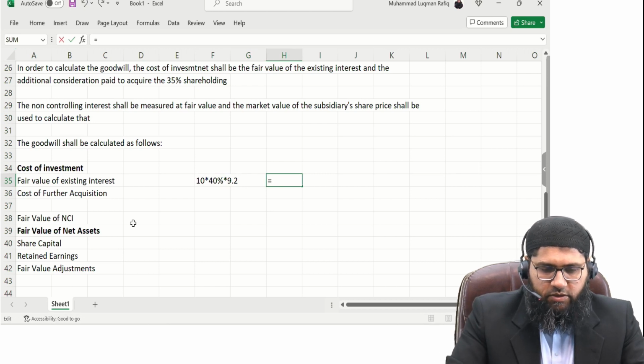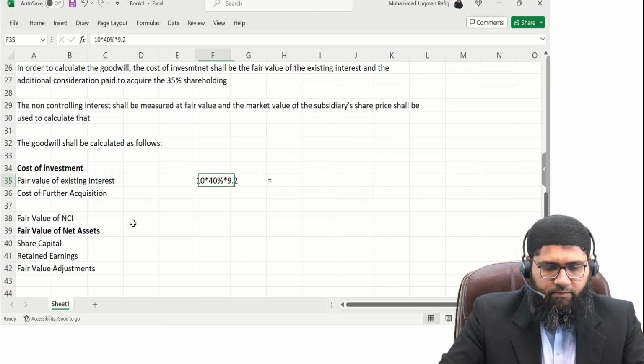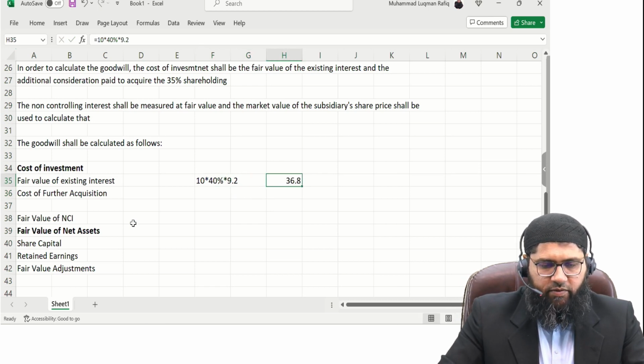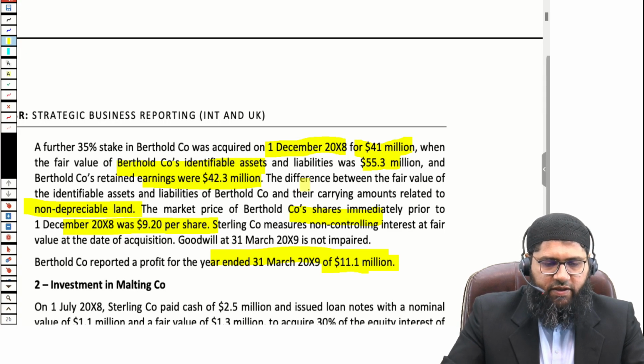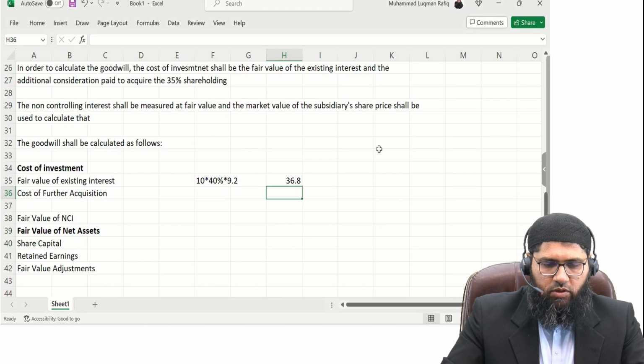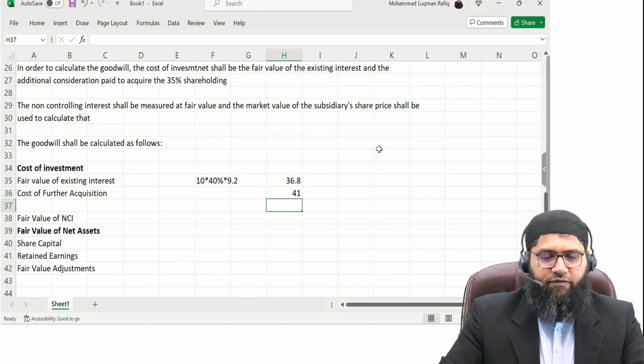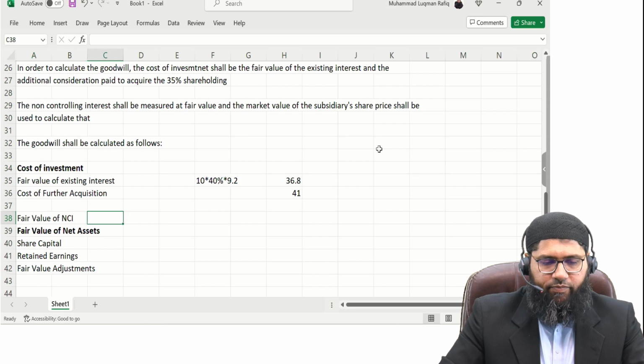So hence this is going to be 36.8 million. Then the cost of further acquisition is going to be 41 million.